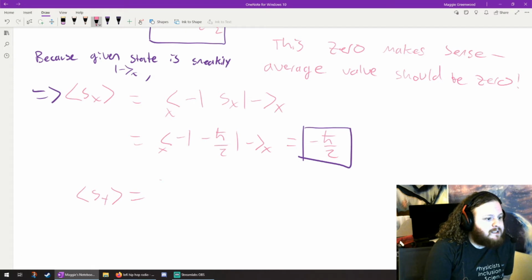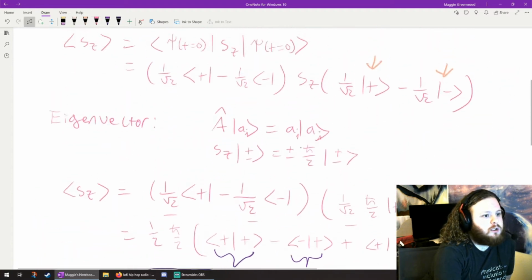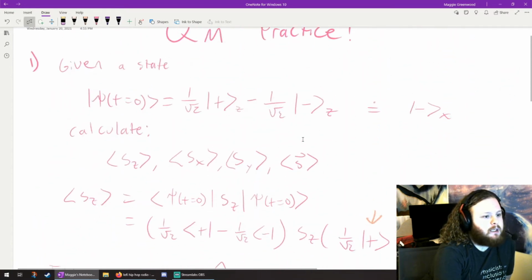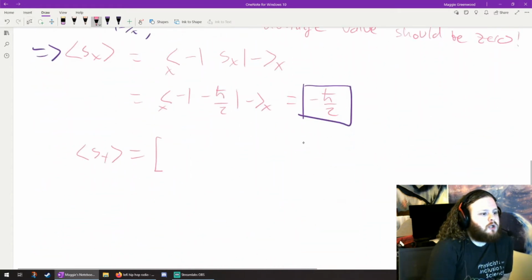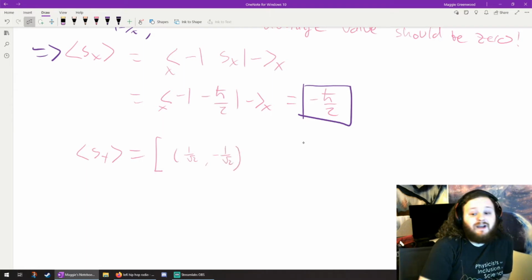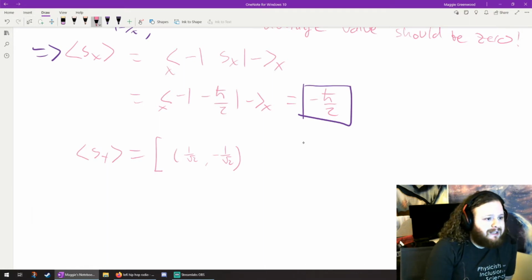So kets, or bras, look like vector rows. And the vector that I was given was 1 over root 2, minus 1 over root 2. That's the vector row that represents the state I was originally given.